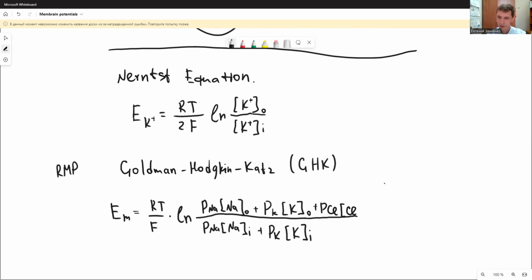Because of negative charge, we need to convert the gradient ratio: intracellular and extracellular, in, out. Okay, so this Goldman-Hodgkin-Katz equation helps us calculate the value of resting membrane potential.